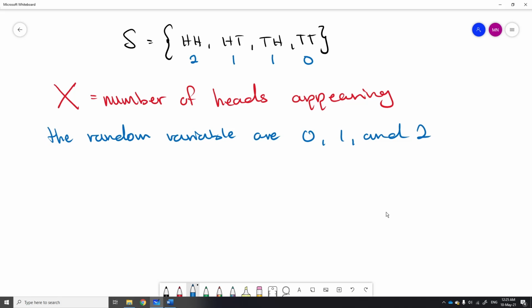Okay, so let's go into discrete random variable. A discrete random variable is a random variable that assumes countable values.